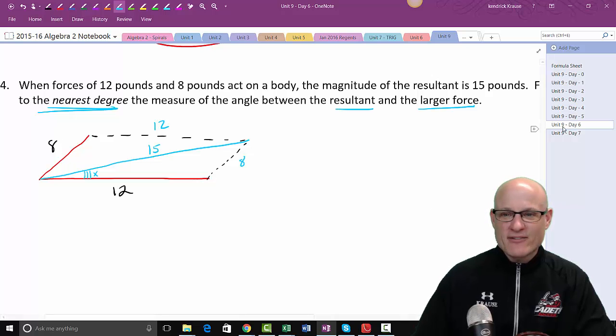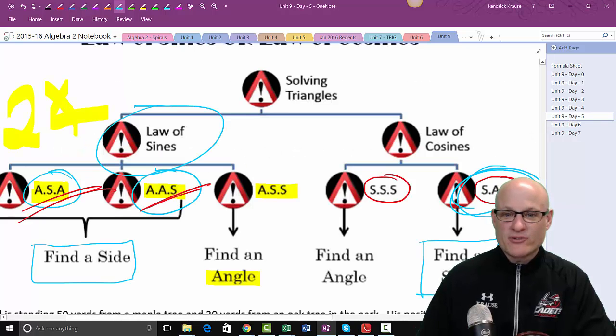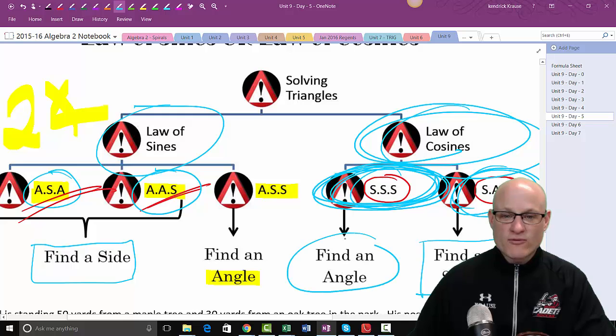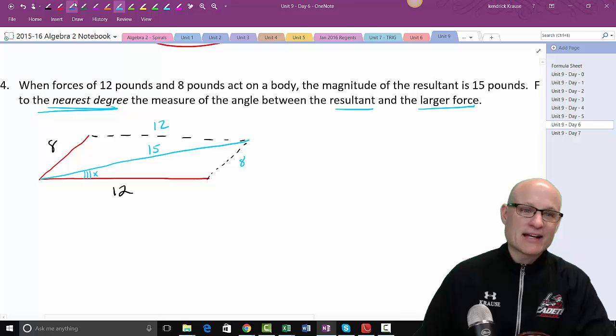If you don't have any angles, but you do have 3 sides, side, side, side, we're going to use the law of cosines, and we're finding an angle. So come back, think. Let me highlight. I'm looking for this angle, and this is the side that's opposite.